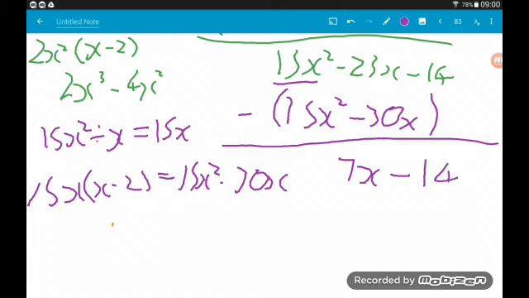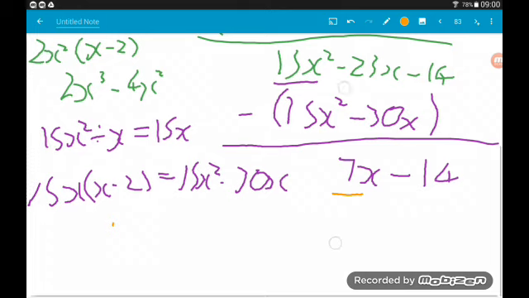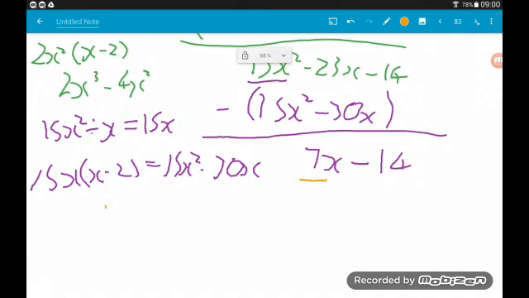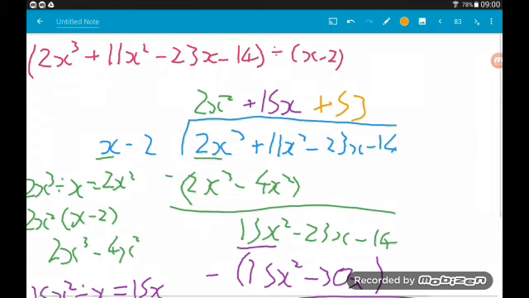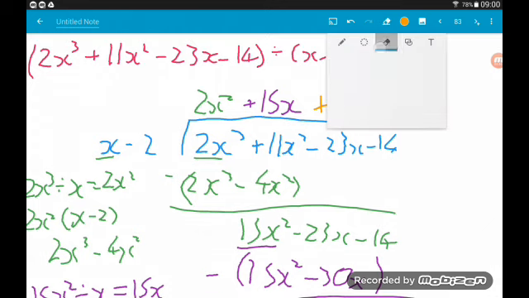So now we are doing 7x divided by x, which is 7. So we want to put a 7 up here.